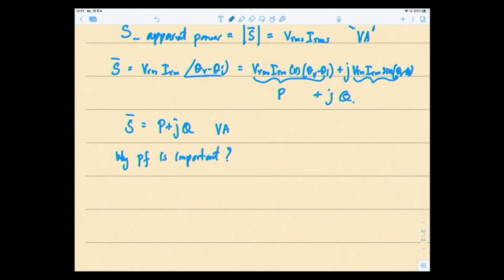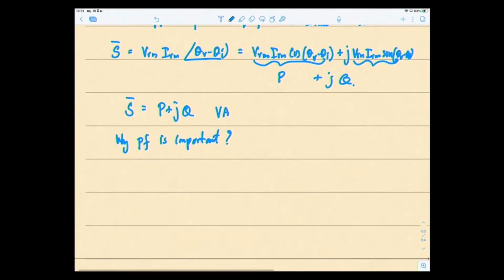Right, so let's say that I have a factory here, and this factory consumes 100 kW. So there's a load, and it consumes 100 kW with some PF lagging.